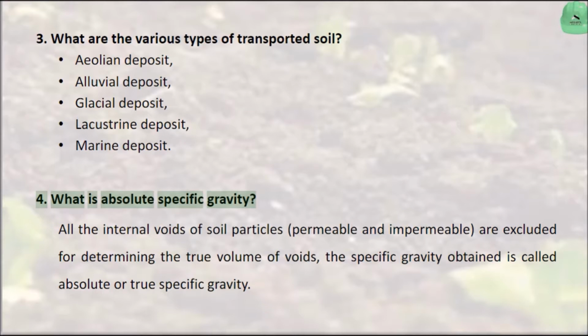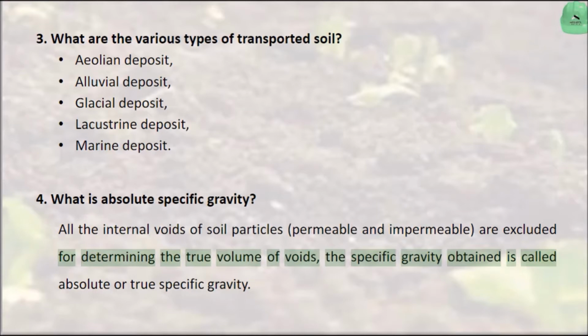4. What is absolute specific gravity? All the internal voids of soil particles, permeable and impermeable, are excluded for determining the true volume of voids.